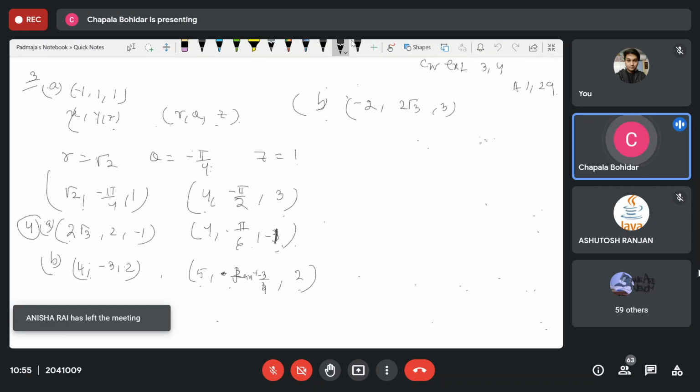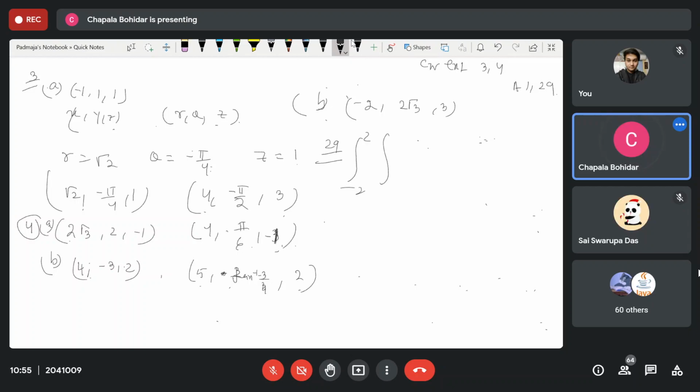Question number 29 is that, minus 2 to 2. I'm just telling you how to solve. Minus root over 4 minus y square, to root over 4 minus y square. So x is equal to, then it is root over x square plus y square to 2.